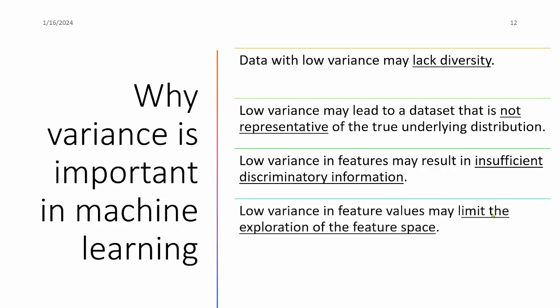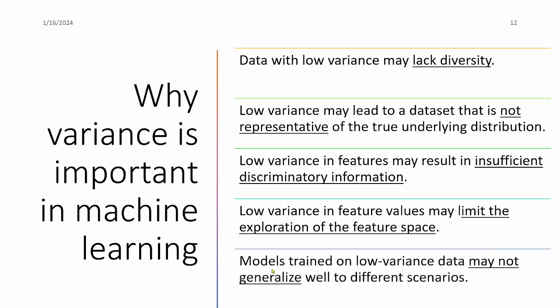Low variance also means limited exploration of the feature space. That means you do not have diversity, pretty much the same point as the first one, which is lack of diversity. Models trained on data which are low in variance may not generalize well for different scenarios.